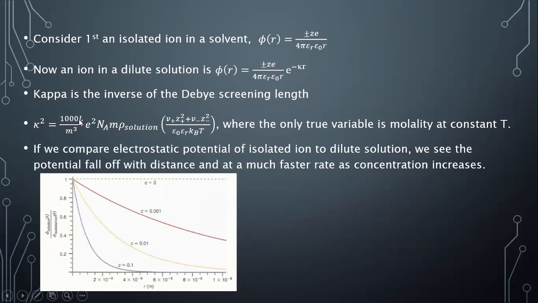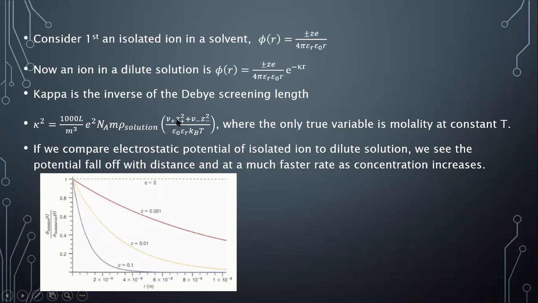Kappa squared is equal to 1,000 liters per meter cubed, which is just a unit conversion to get this into the proper units, times the electron charge squared, Avogadro's number, the molality and the density of solution, all of which is essentially constant.